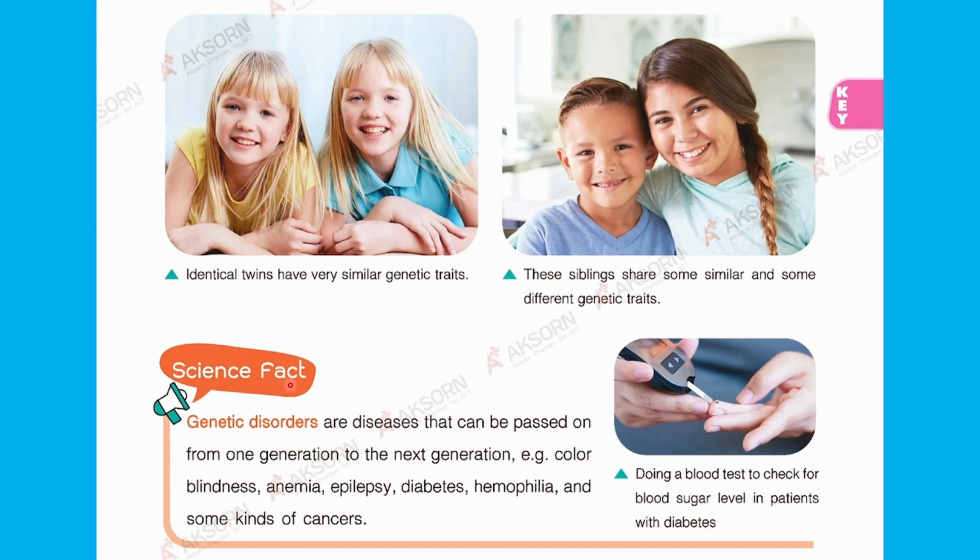Science fact: genetic disorders are diseases that can be passed on from one generation to the next generation, e.g., color blindness, anemia, epilepsy, diabetes, hemophilia, and some kinds of cancers.